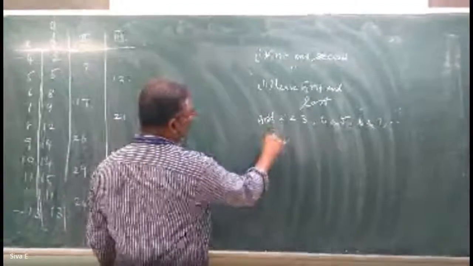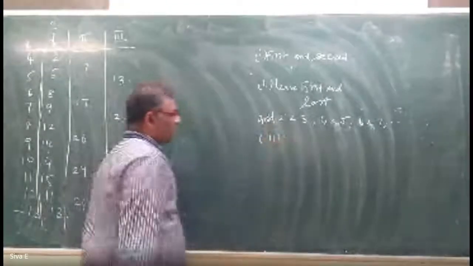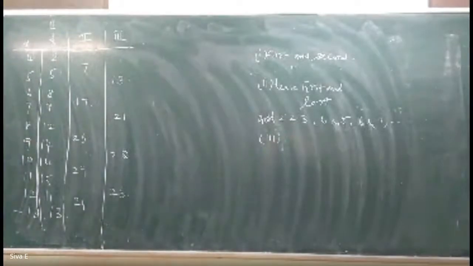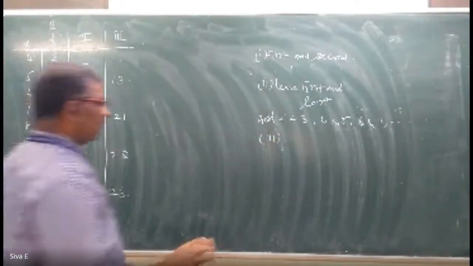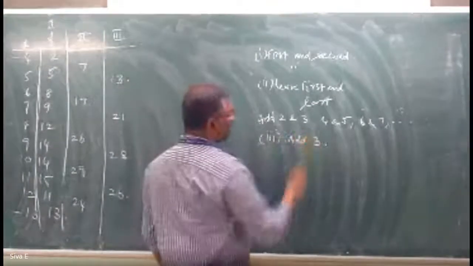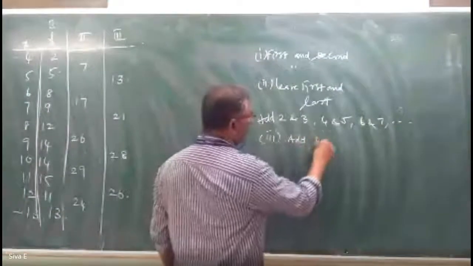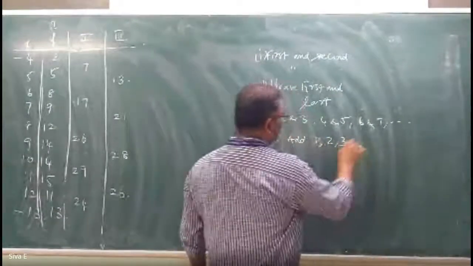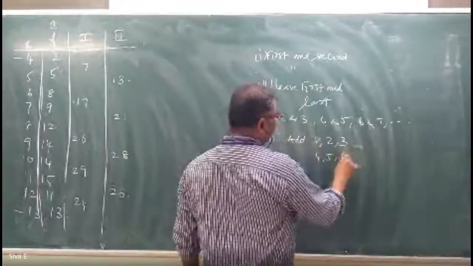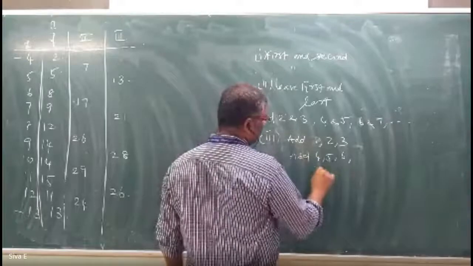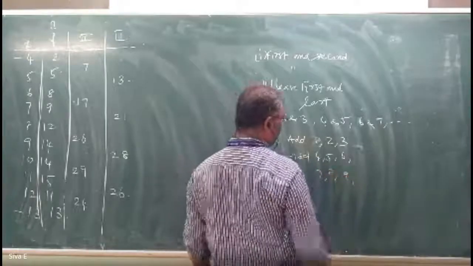Third step: there is no proper formula for this, you have to remember this method. Third one is you have to add three items. That means add 1, 2, 3, then 4, 5, 6, then 7, 8, 9 like that.